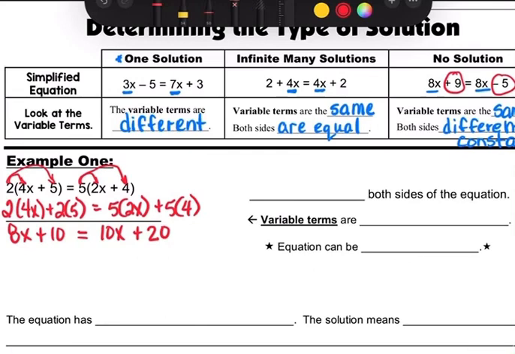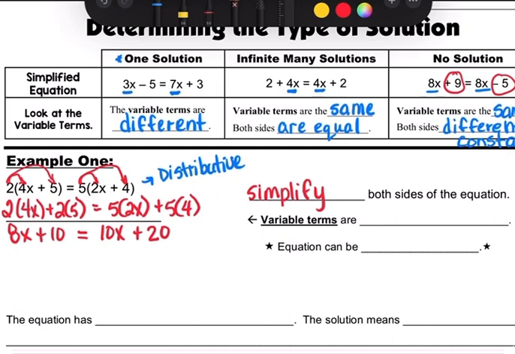So we want to look at this equation and determine, okay, what is our next step? Once we have simplified the equation, you can go back to the table and determine what type of equation you're going to have. Automatically, you should say, hey, I should have what? One solution.